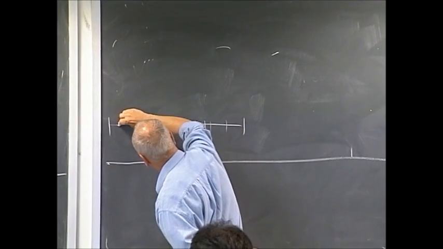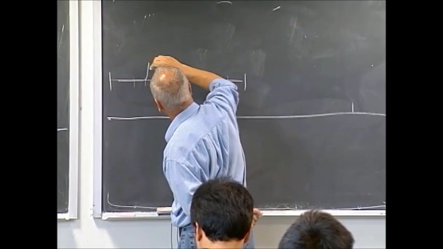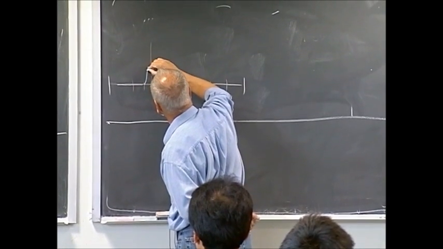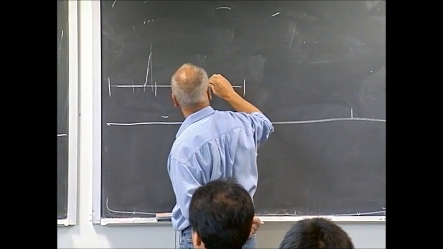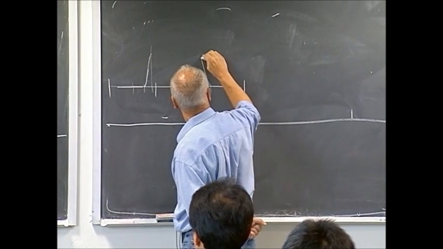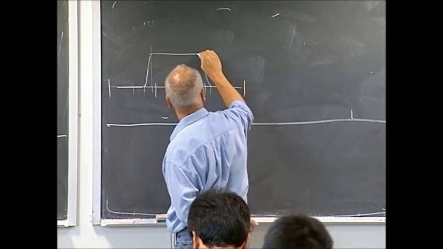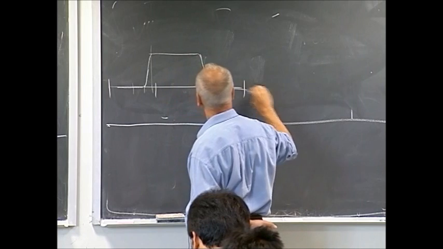And so phi_k is going to change from 0 to 1 inside the ring. So it's going to be 0 here. It's going to change inside the ring from 0 to 1, right? Then it's going to be 0.